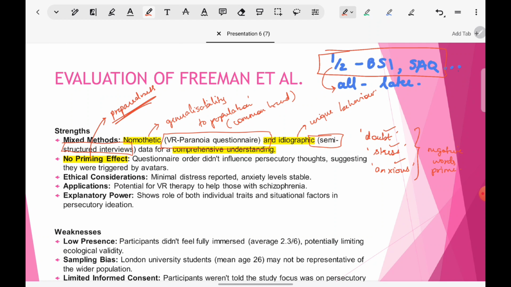If some type of priming is taking place because of negative words, then these half participants should have perceived the avatars more negatively than the other half who answered only later. But that was not found to be the case. That means priming did not take place. The order of administering the questionnaire did not matter, whether it was given before entering VR or after entering VR. So that is something that increases validity.